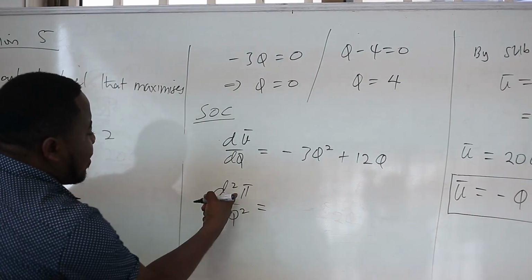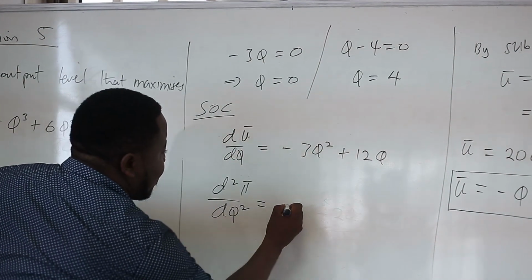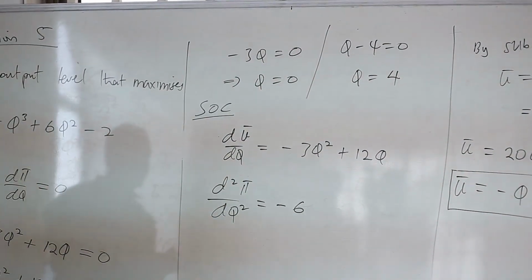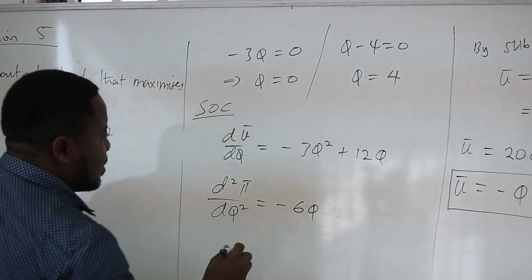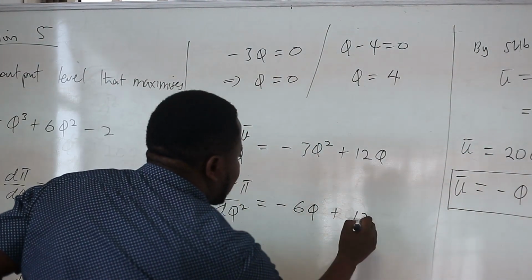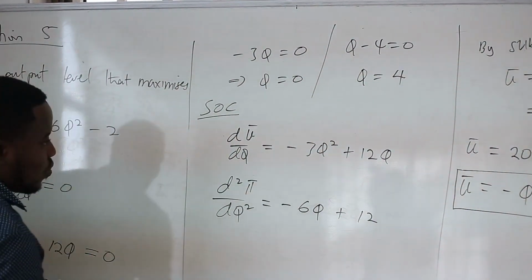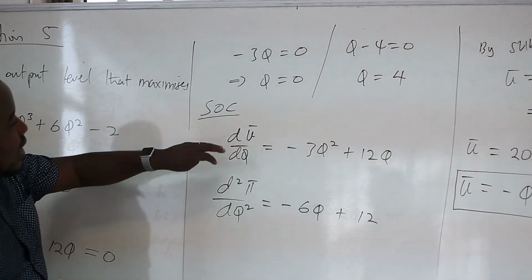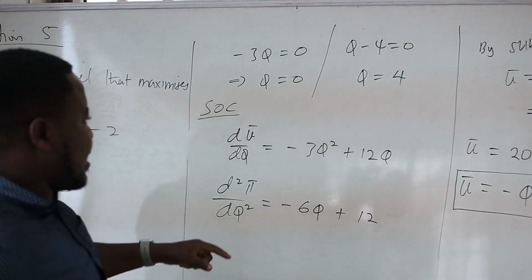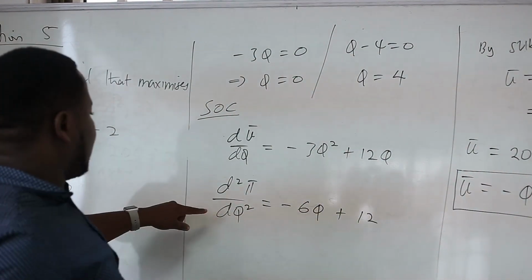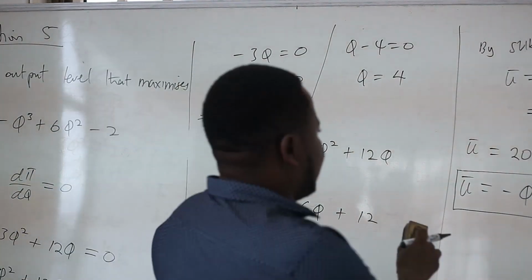So that is d squared pi dq squared. So again, we bring this exponent down, so we have minus 6q, then plus 12. So we'll try to find out whether this maximizes profits or that one maximizes profits by substituting q is equal to 0 here, and by substituting q is equal to 4 here.